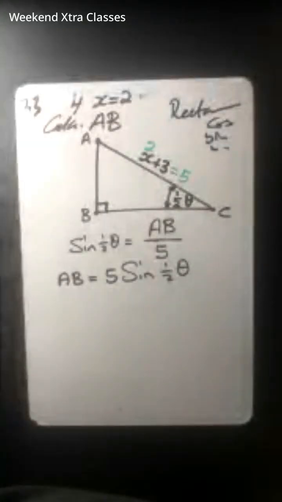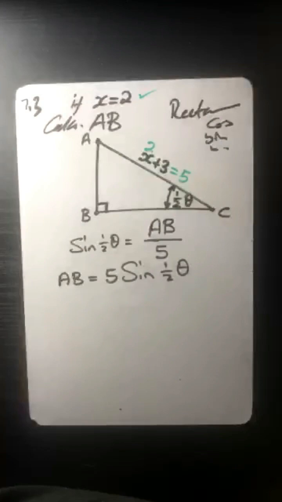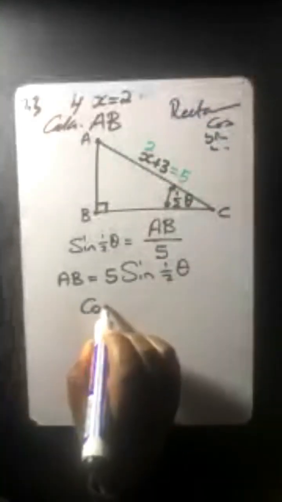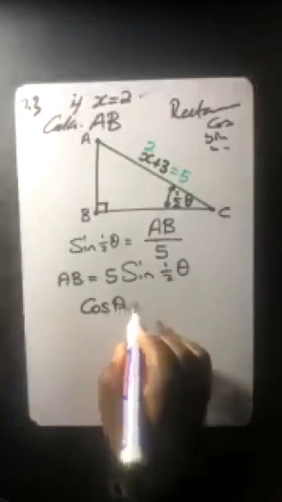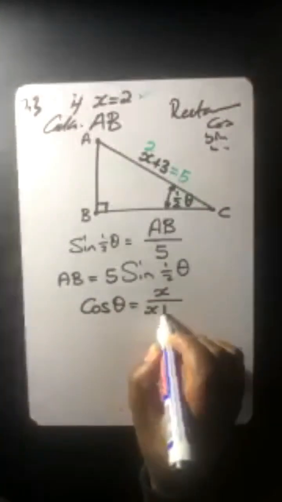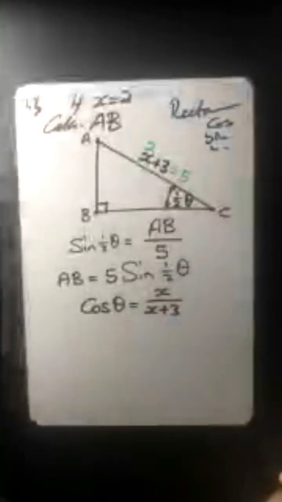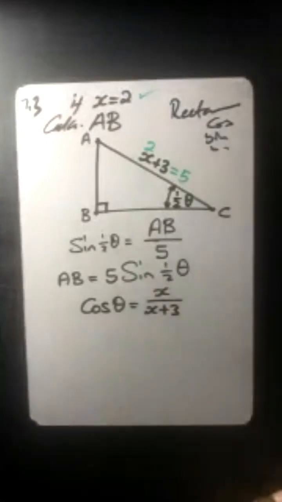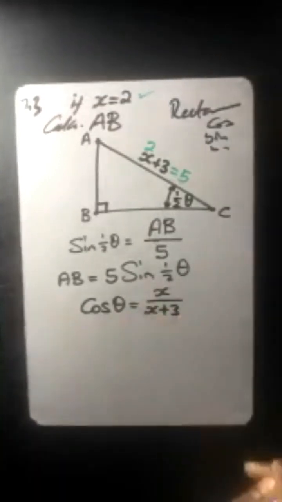I think we can use the cos theta that we found in the previous question. Oh, you have a point. From the previous question, we determined that cos of that is actually equals to x over x plus 3. I think this is what Offense was saying. I'm just not sure, but she said something along those lines.